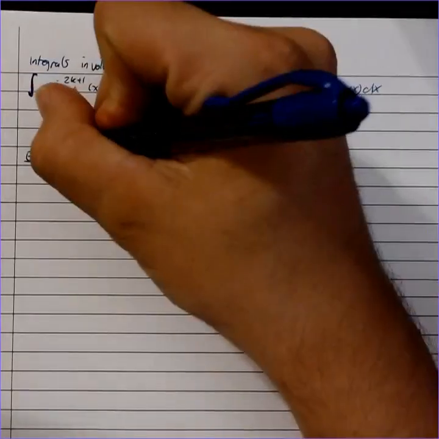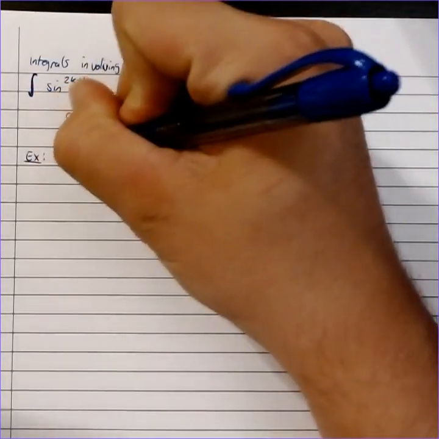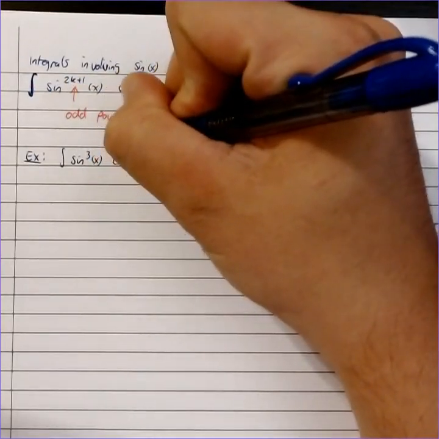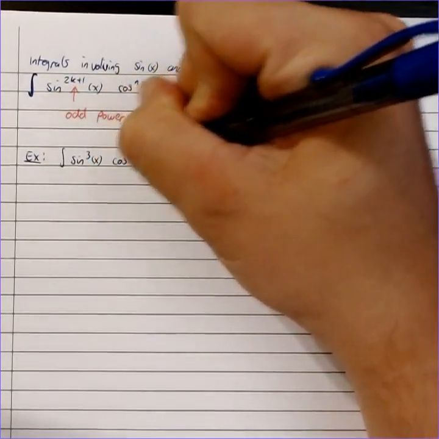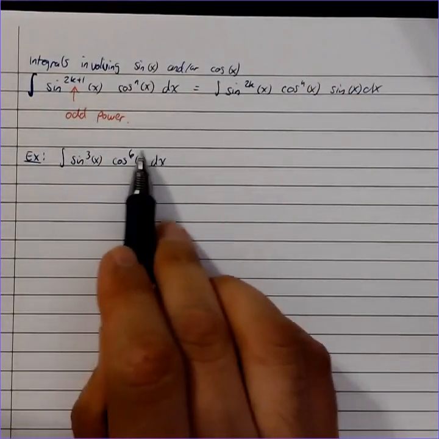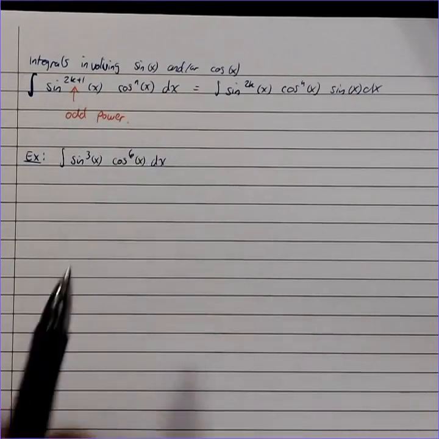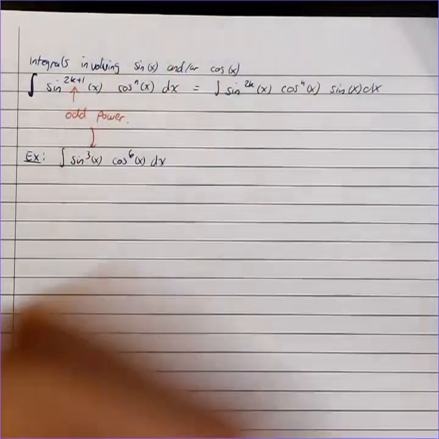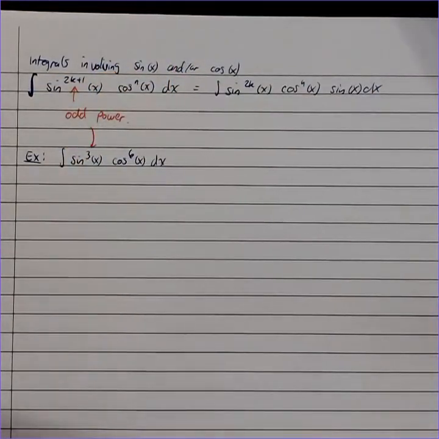Let's say we have the integral of sine to the third power of x, and here we'll say cosine to the sixth power of x dx. In this case, we have an odd power of sine. Here, this could be even or odd. It doesn't really matter. All that matters for this case is sine of x has an odd power.